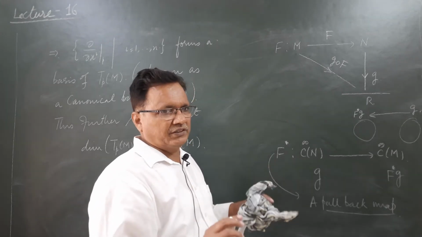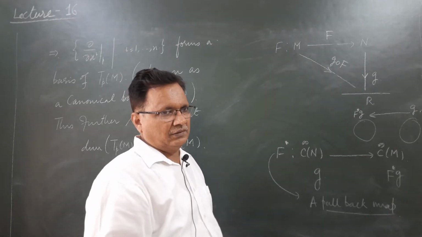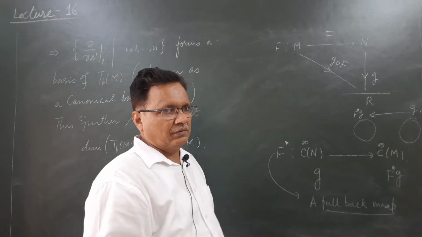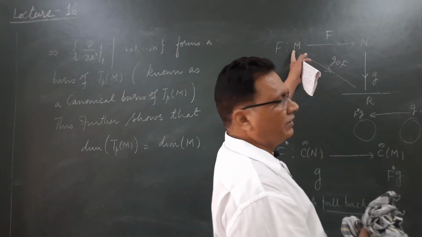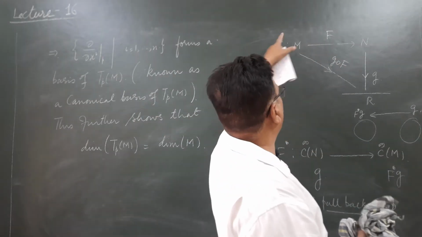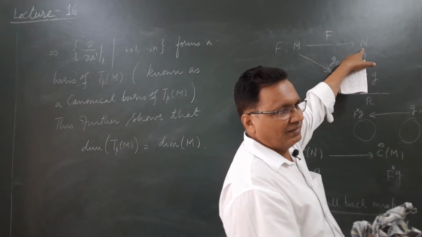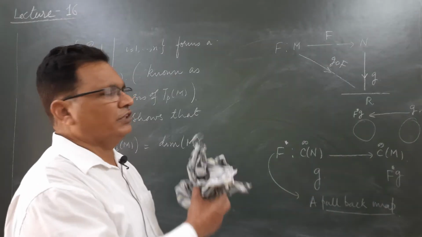It should be differentiable, it should be a differentiable function. Even if some element in M does not have an image under F, still we can pull back. Yes, it will not be defined at those points where this is not defined. Because if it is not onto, there may be some elements which are missed, so the domain will shrink.